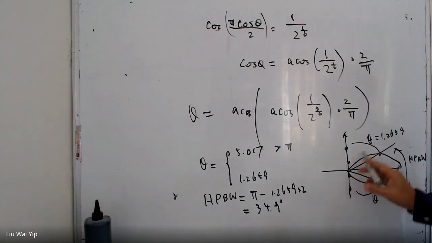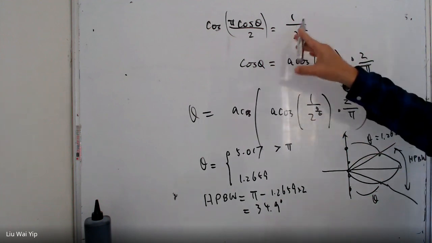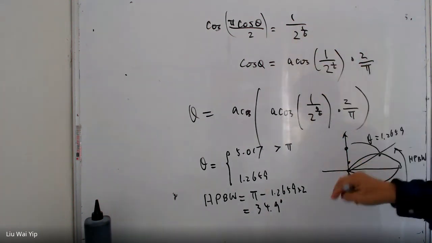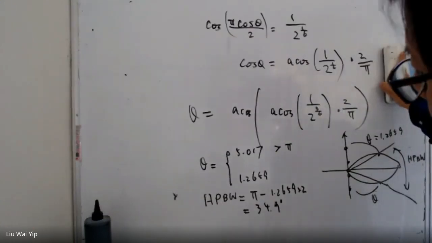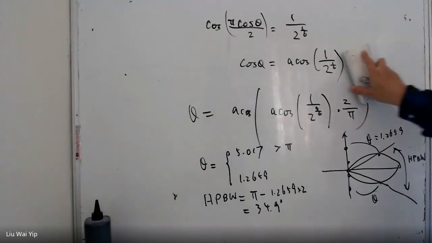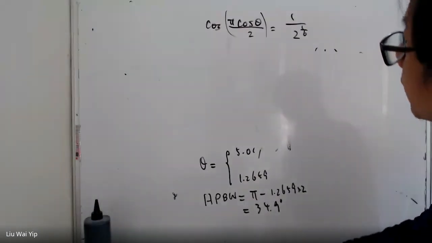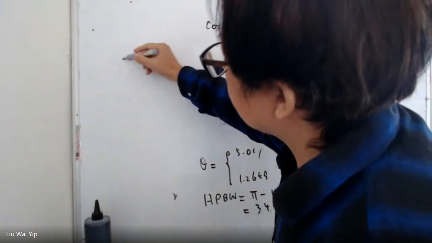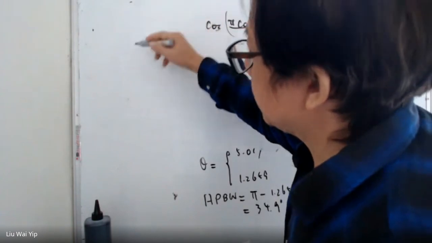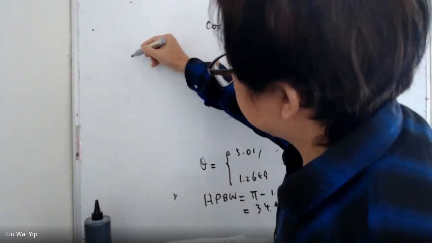And how about the first null beamwidth? We can use the same function to find out the first null beamwidth as well. What we can do is use the directivity function or even the intensity function.